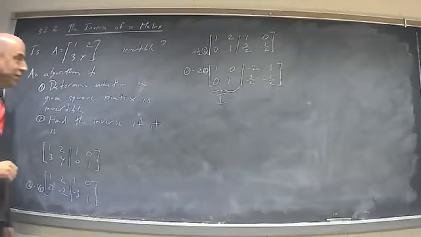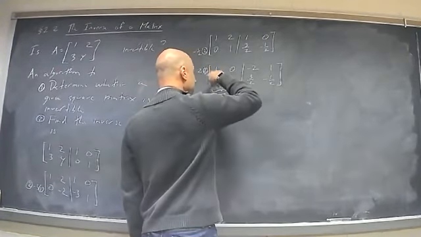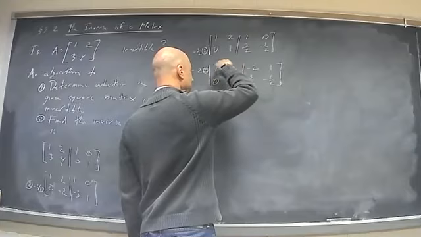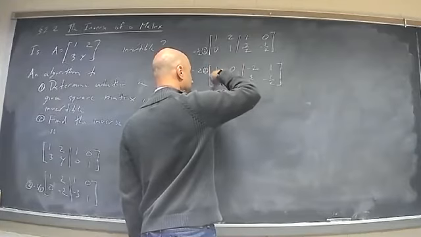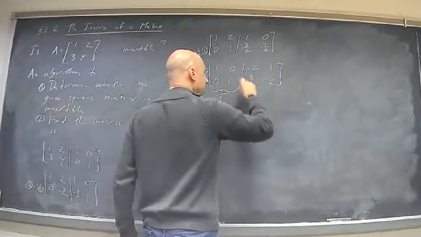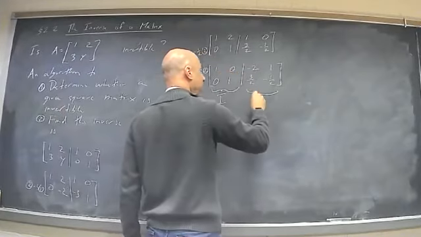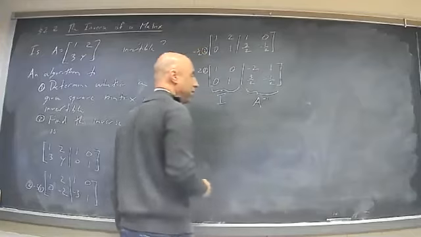This time it was. If the reduced echelon form of the original matrix A is the identity, what you're left with over here, once you end up with the identity over here, is A inverse.